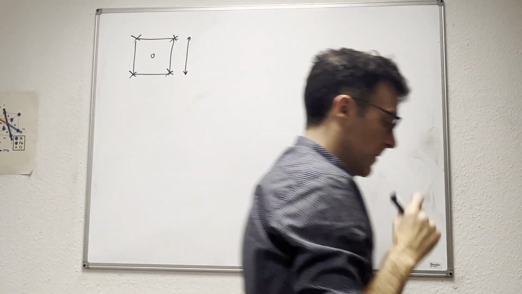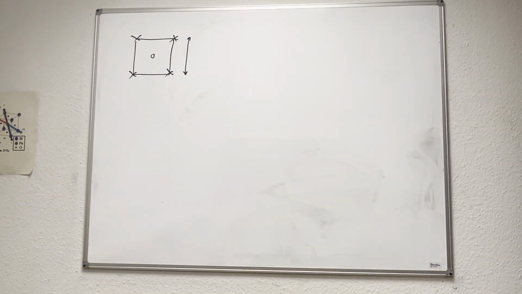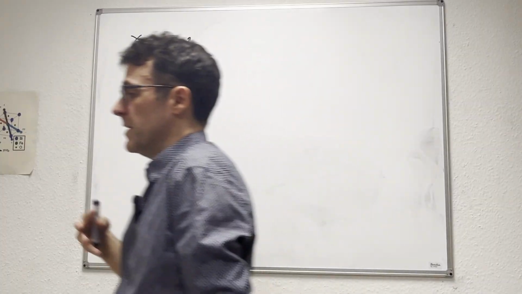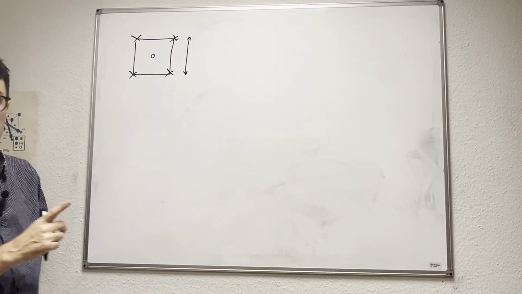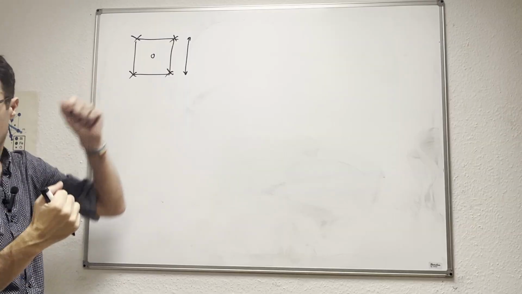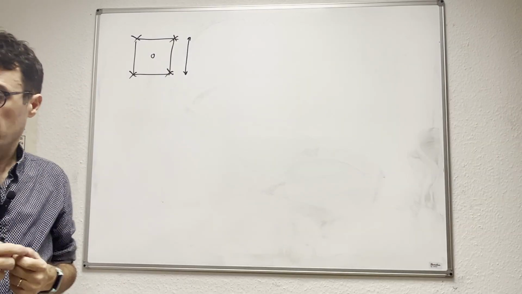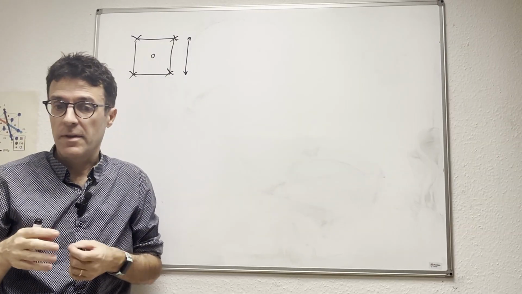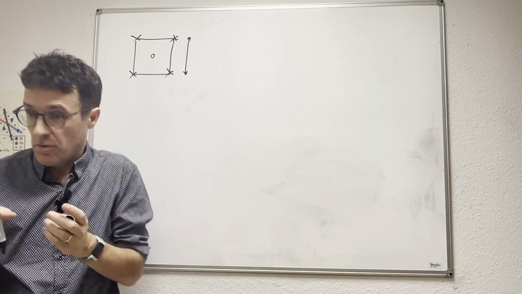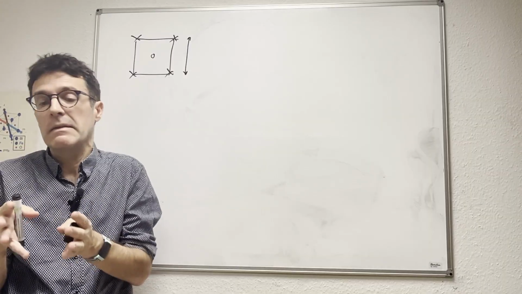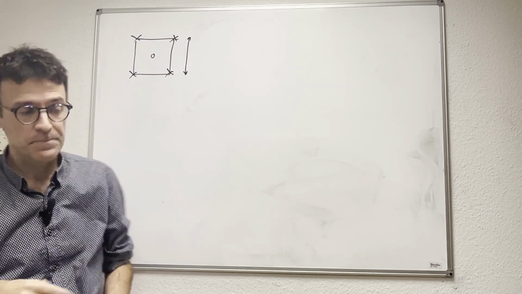All right. Now, for practical purposes, it's very important to understand how the polarization reacts when the strain is applied not along the vertical but in the horizontal plane, because this is the geometry that we have in thin films of ferroelectric that are grown on a substrate, where the substrate imposes its lattice constant to some extent.